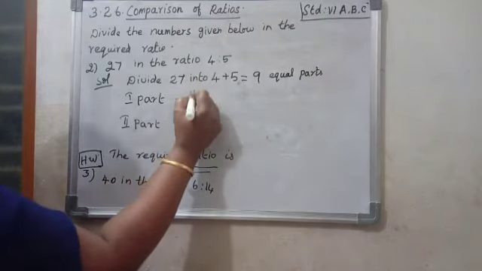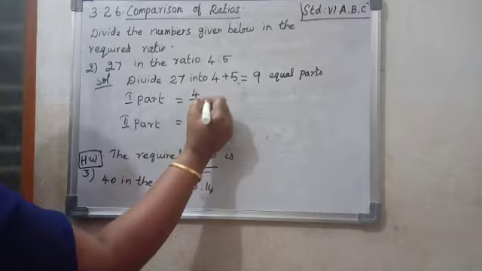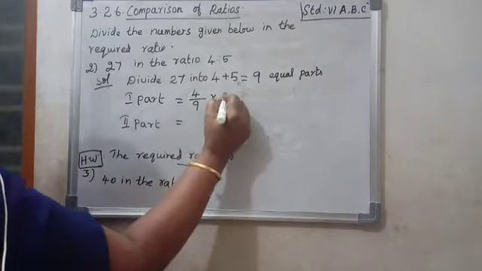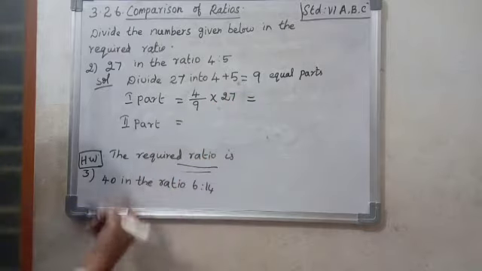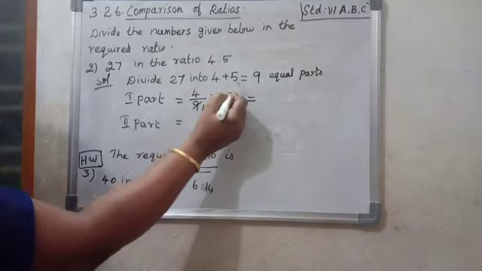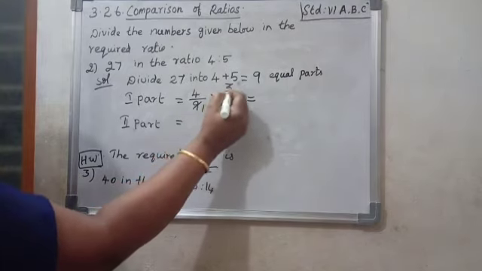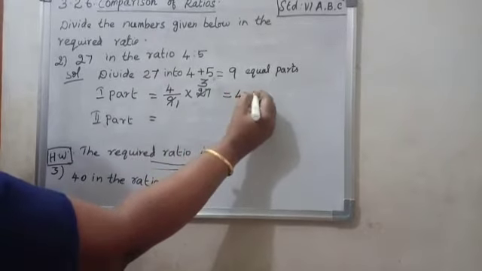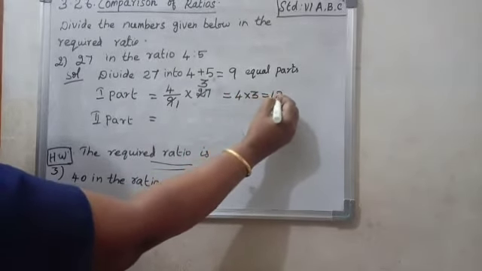The total parts are 9, and the first part is 4. So 4 by 9 into 27. Now simplify. 1 9 is 9, 2 9s are 18, 3 9s are 27. So 4 into 3 equals 12.